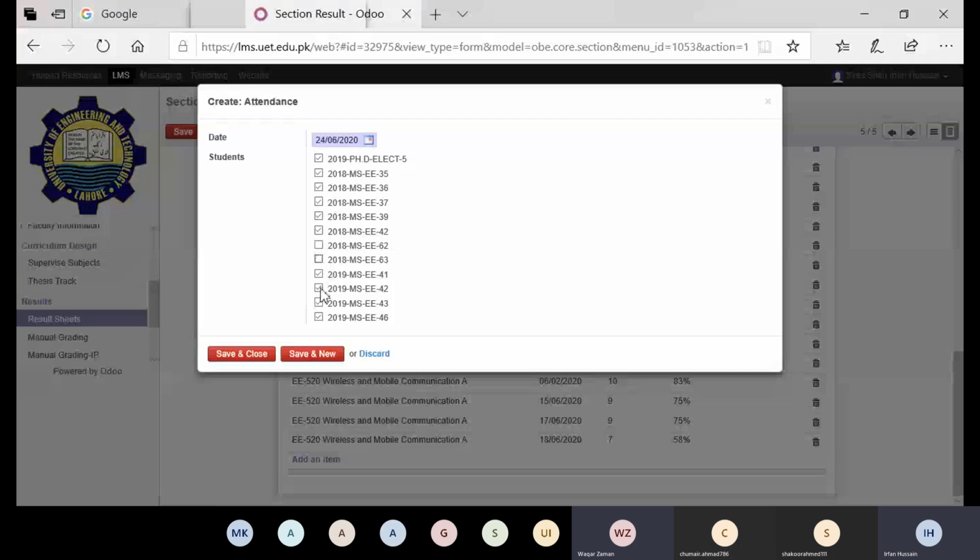Present. 42. Present. All right. 43. All other students, please turn off your mic. 43 is present. Yes, sir. Good. 46. Yes, sir. Present. So 10 are present and 10 have been marked. Very good. So attendance is safe.